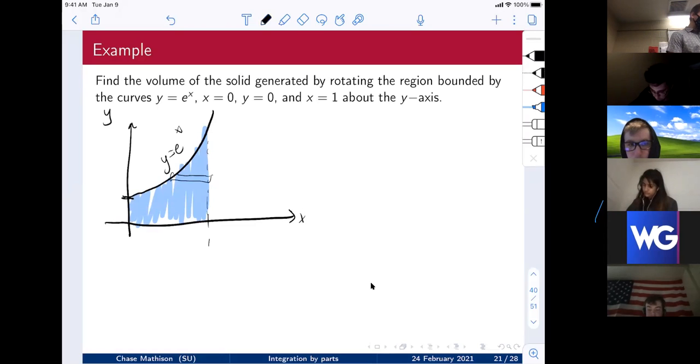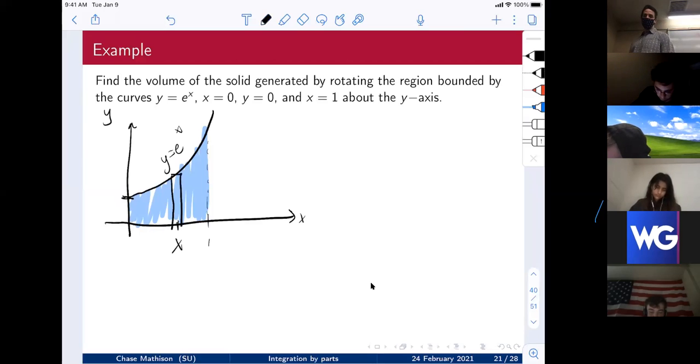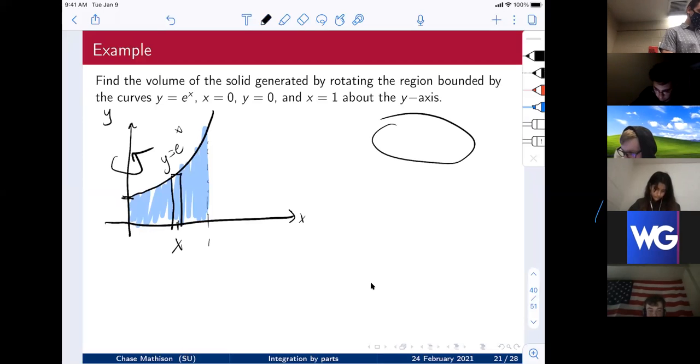So I'm going to take vertical slices. Sorry, I'm going to take a vertical slice right there. Okay. So what happens when I rotate this vertical slice about the y-axis? What shape would I get? Cylindrical shell, exactly right.